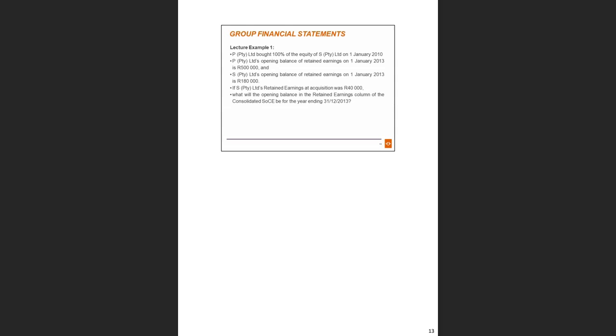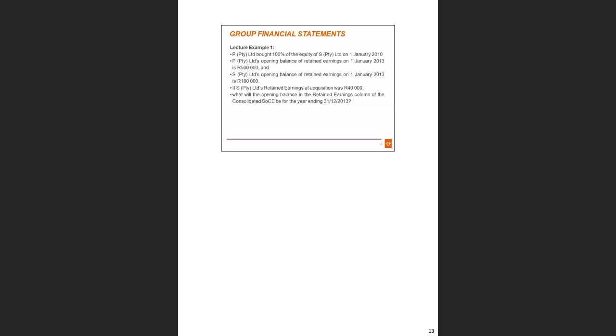If S Pty Limited's retained earnings at acquisition was 40,000 Rand, what will the opening balance in the retained earnings column of the consolidated statement of changes in equity be for 31 December 2013? So this sounds very confusing. Okay, can anyone say how we're going to go about this?